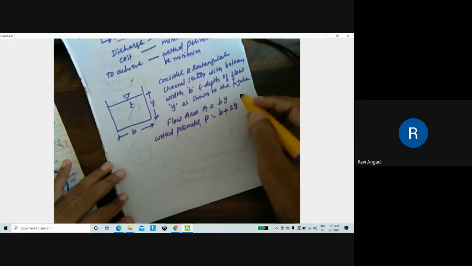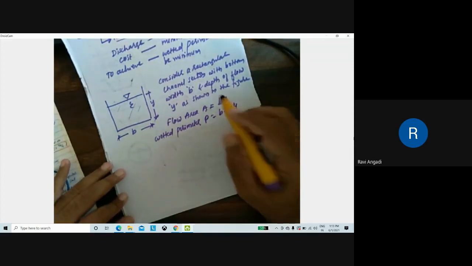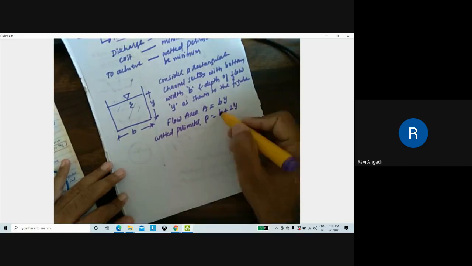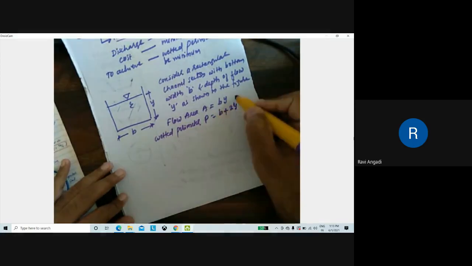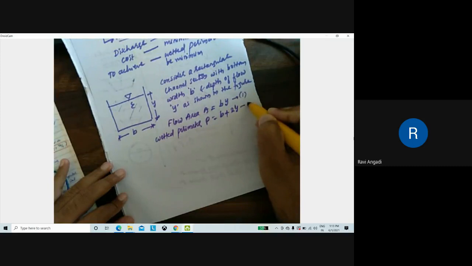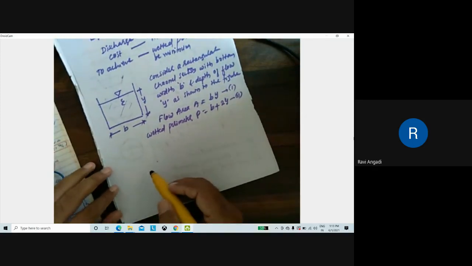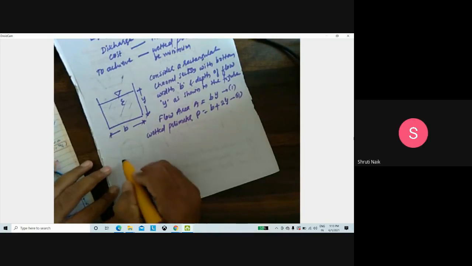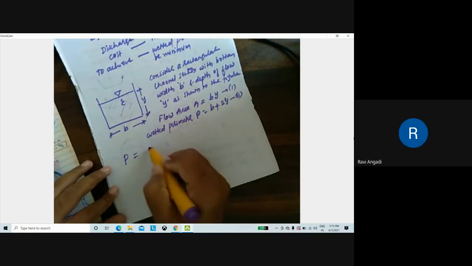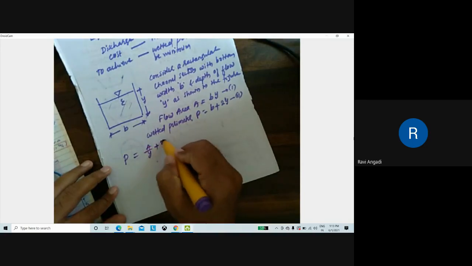Now let us substitute the value of B from equation 1. Let us call this equation number 1, this equation number 2. From equation 1, the value of B is A by Y. I'll substitute here: P equals A by Y plus 2Y.